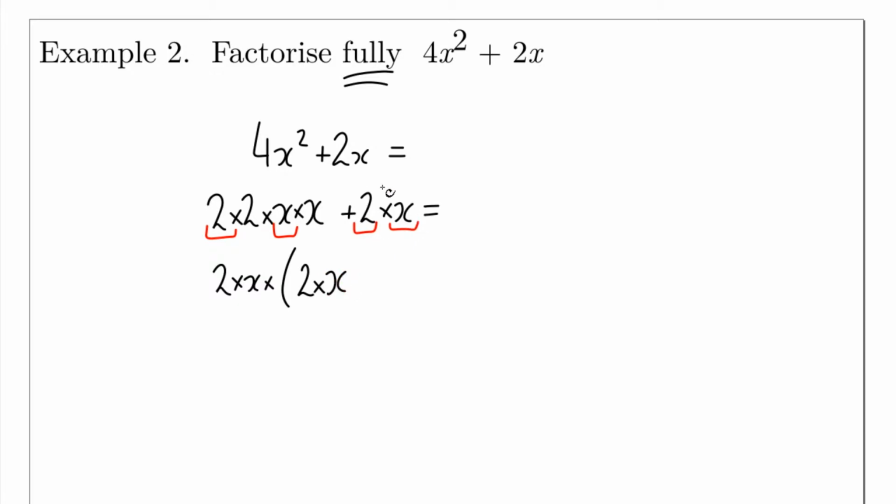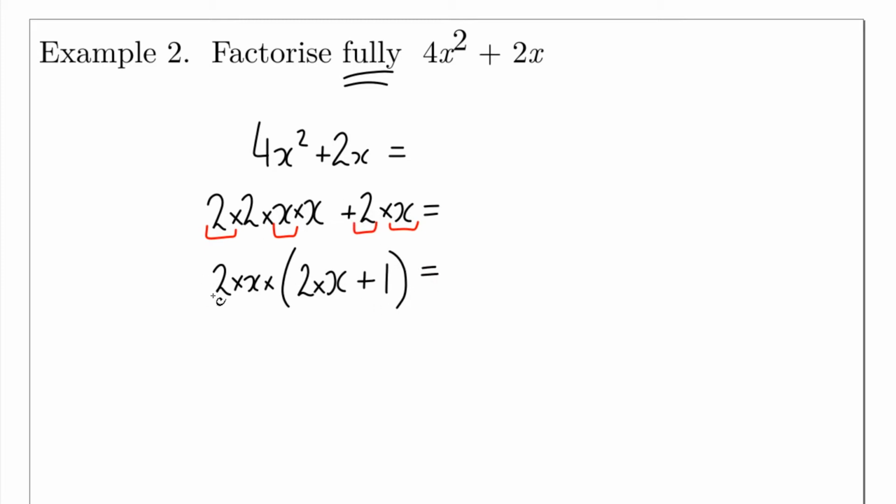And in the right hand term, it looks like nothing because we've taken out the 2 and the x, but we still need to write something down, which in this case is 1, because 1 multiplied by 2x gives us 2x when we expand. If we wrote 0 here, 0 times 2x would give us nothing, and this term would disappear, and that would give us the wrong answer.